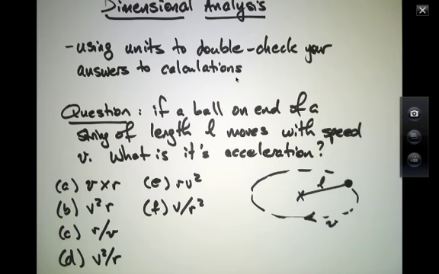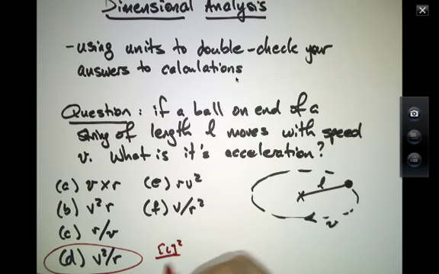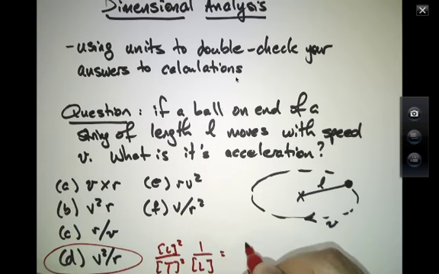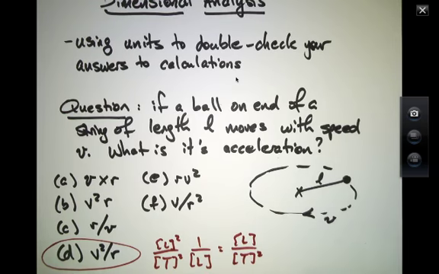So the correct answer here is this one, because in this case only do we have length squared over time squared, and we're divided by 1 over length. So this becomes length over time squared, which is required for any answer about acceleration.